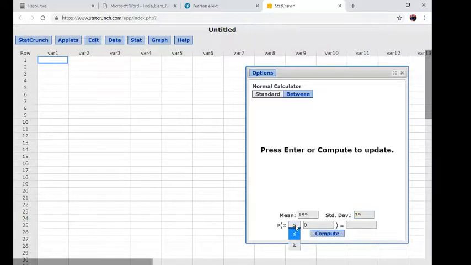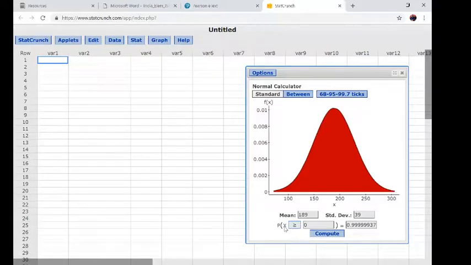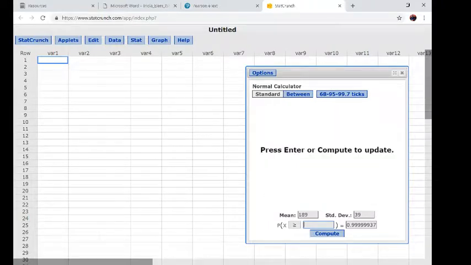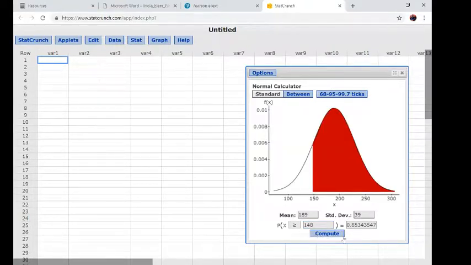And then make sure that your inequality sign is greater than. So all the weights that are greater than 148. Hit compute and you get 0.8534. So an 85% chance, a little more than that, a randomly selected adult male will have a weight greater than the carrying capacity.